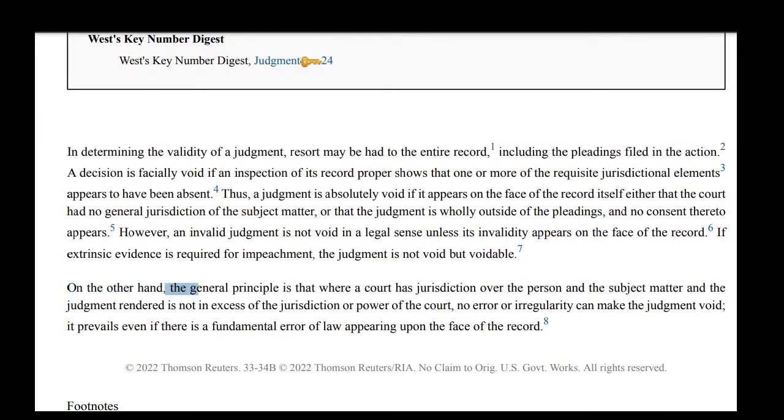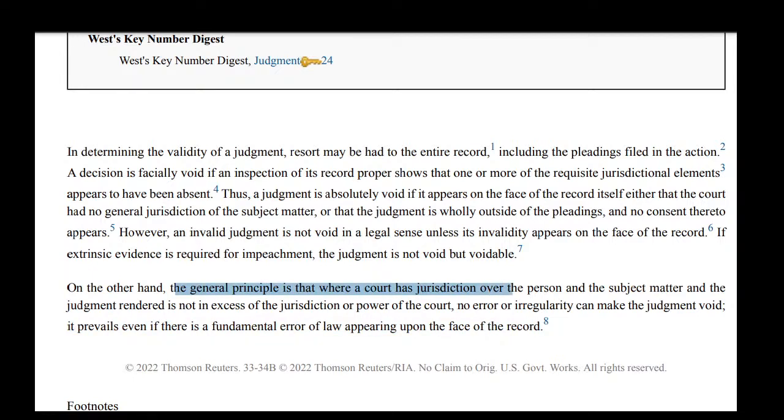On the other hand, the general principle is that where a court has jurisdiction over the person and the subject matter, and the judgment rendered is not in excess of the jurisdiction or power of the court, no error or irregularity can make the judgment void. It prevails, even if there is a fundamental error of law appearing upon the face of the record. Wow.